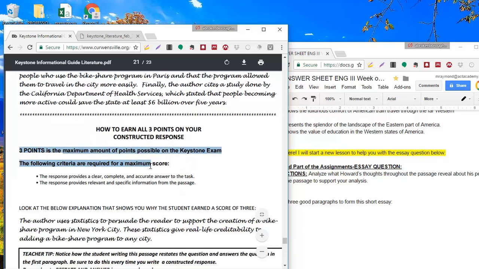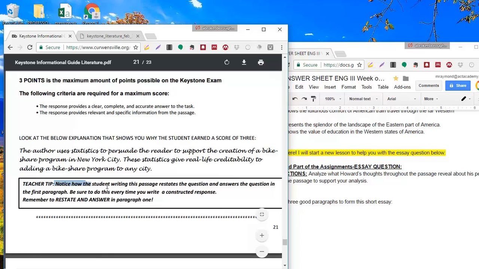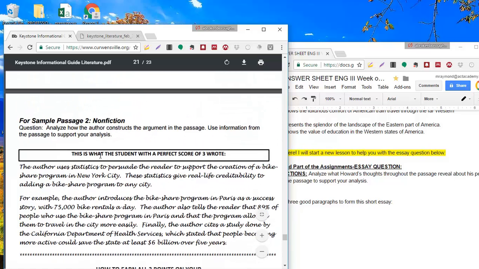This is why the person got 3 points. Let me explain. Notice how the student writing this passage restates the question and answers the question in the first paragraph. Be sure to do this every time you write a constructed response. Remember to restate and answer in paragraph 1. Let's see how the student did that.